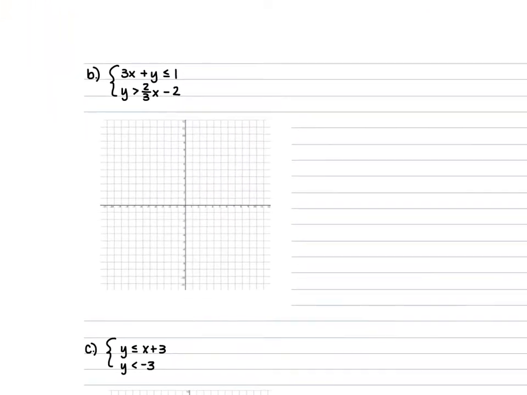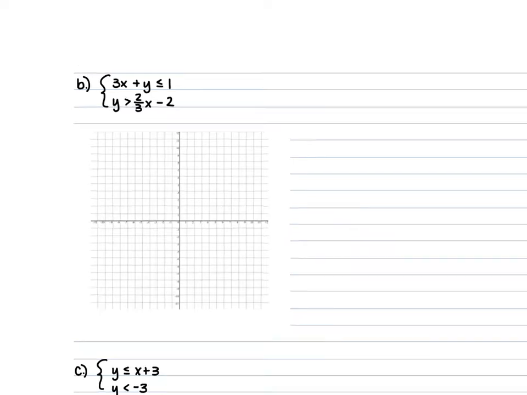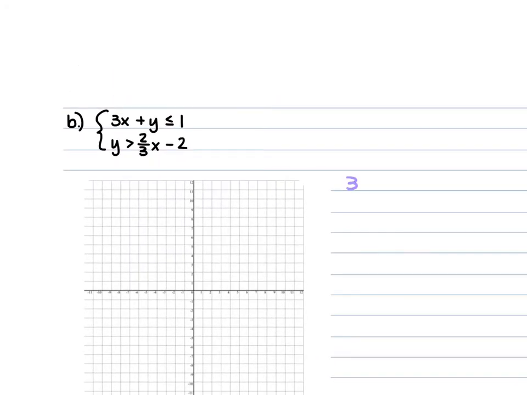For our next example, we have 3x plus y is less than or equal to 1. So we're going to take that, move the 3x over, subtract it from each side. So y is less than or equal to negative 3x plus 1.